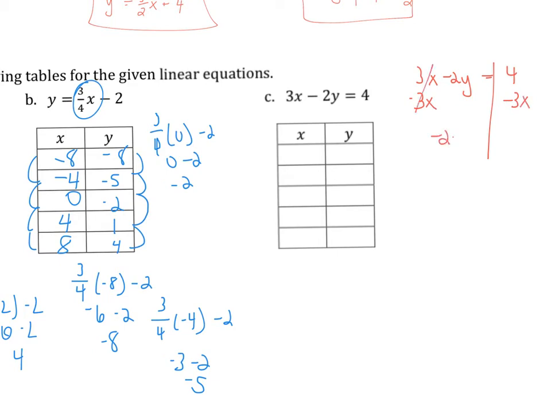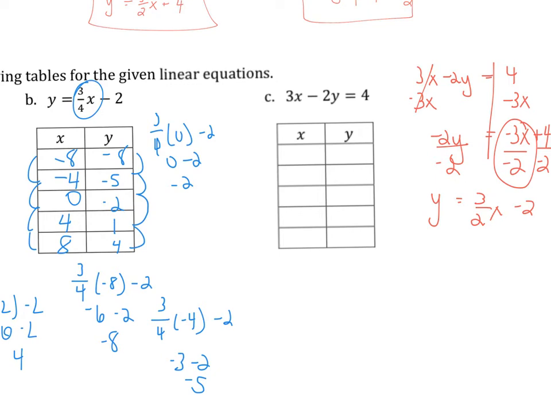Left with negative 2y. Remember, these aren't like terms, so I'm going to keep them separate. Negative 3x plus 4. And then I'm going to divide every piece by the number in front of y. And simplify. Negative 3 over negative 2 simplifies to positive 3/2. And positive 4 over negative 2 simplifies to negative 2.